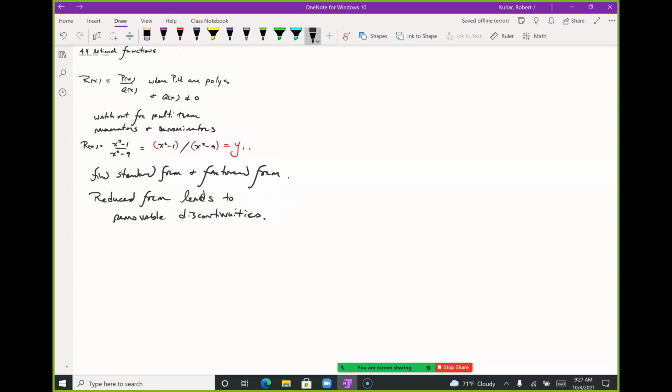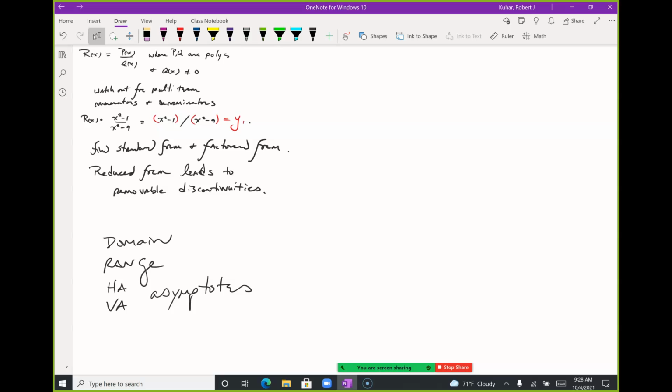So our first kind of process here is domain, maybe range, HA and VA, horizontal and vertical asymptotes, graph, and then possibly oblique asymptotes.